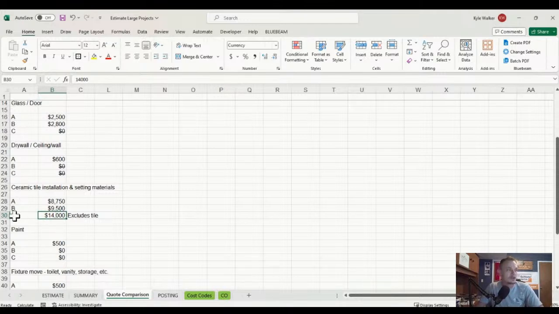So you start reading into contractor C and you notice in their exclusions, they don't buy tile for that price. That is just them getting the waterproofing system and setting the tile. That includes the spacers and whatnot, but it does not include your maybe $10 a square foot tile that you need, I don't know, 75 square feet on the floor, and you need 90 square feet in the shower and the floor there.